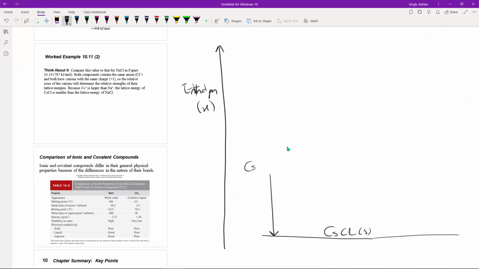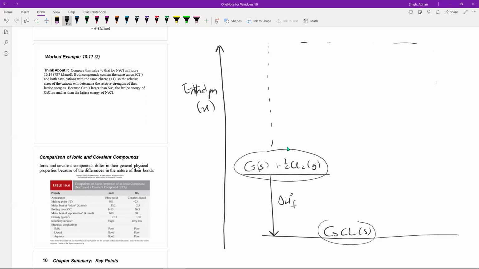I can start off with cesium in the solid phase, reacting with half of the chlorine gas in the gas phase. So this would be the delta H of formation of cesium chloride. And then to get from the starting point to the cesium chloride, I can go through the same set of steps all the way around and then back down into this endpoint, right?